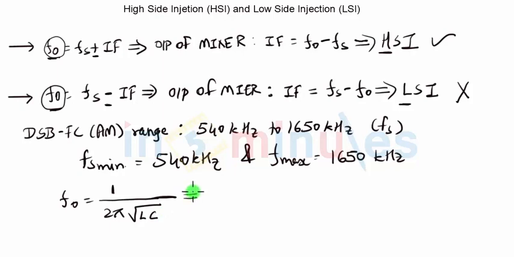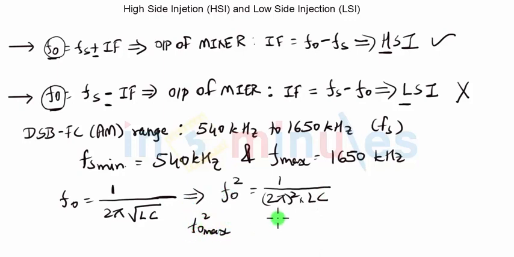So in that case, you can see that my Fo will be related to the capacitor as Fo equals 1 upon 2 pi root LC. Now we can make out that if I want to generate the maximum value of Fo, then the value of the capacitor in that case should be minimum, because if the capacitor is minimum, then Fo is maximum.